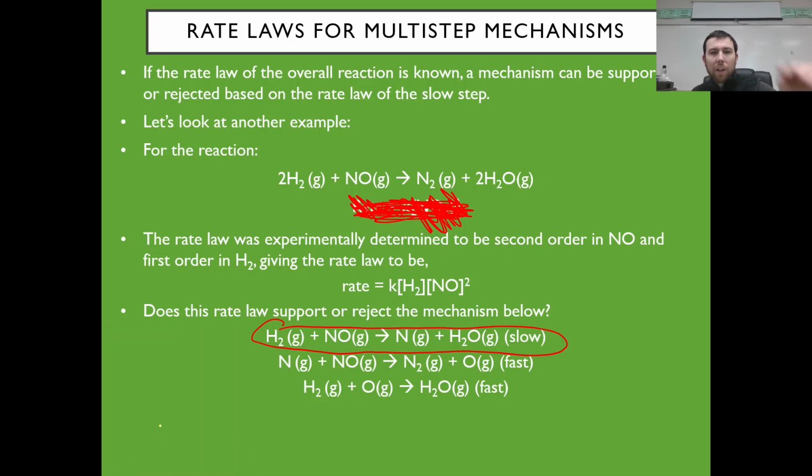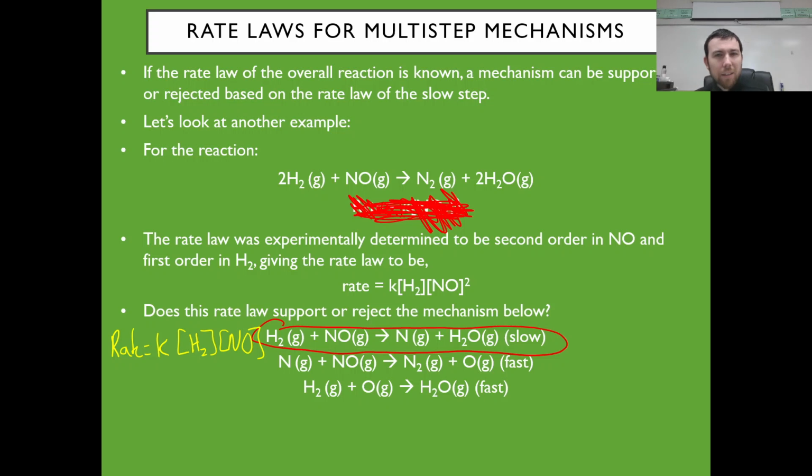The first step is the slow step, and because it's elementary, according to that step, rate is equal to k times the concentration of H2 times the concentration of NO. So the slow step says the rate is k times [H2] times [NO].